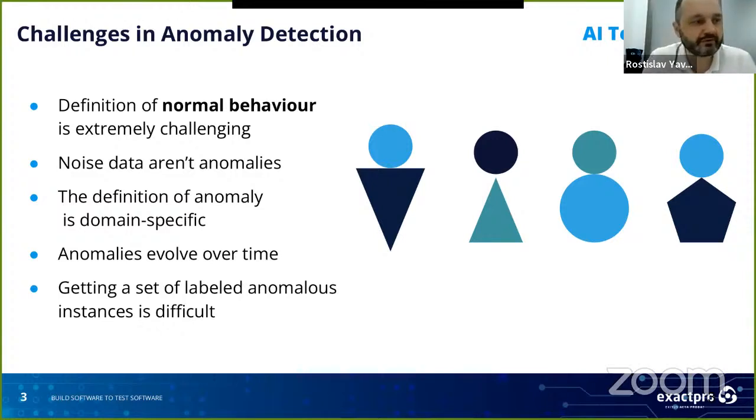If you're speaking about software engineering, the software quality assurance domain, then the anomaly definition could be completely different. If you work in medical applications, then again, to define what's an anomaly you should really understand your application domain. The other challenge is that anomalies evolve over time.